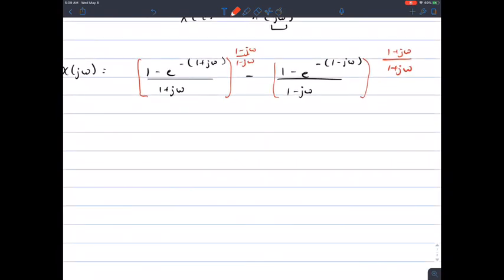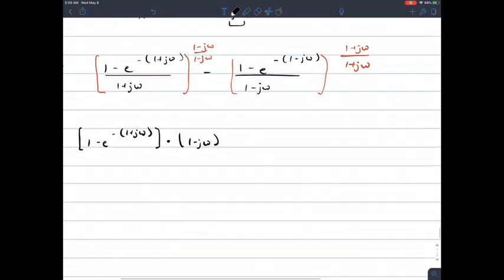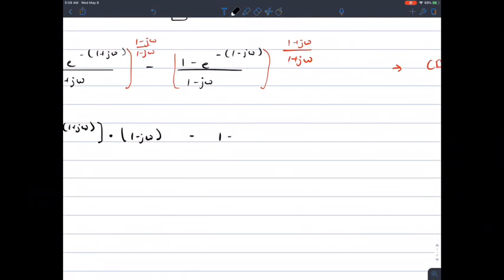So then 1 minus e negative 1 plus j omega. We're going to plug the denominator in later, so don't freak out. Times 1 minus j omega, minus 1 minus e negative 1 minus j omega.